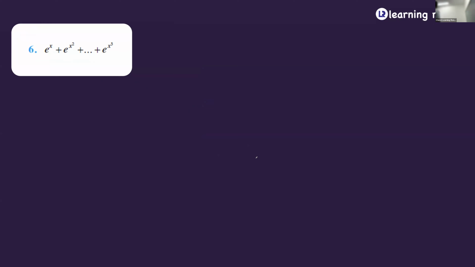So what is the answer for this? y is equal to e power x plus e power x square plus so on till e power x power 5. So what is dy by dx?